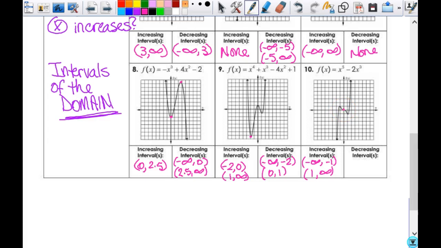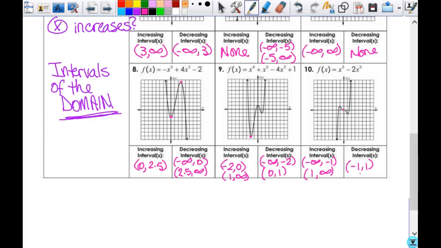So do I have to split up my decreasing interval? I actually don't. I don't have to split it up because is it still decreasing the whole time? Yes, it's still decreasing the whole time. It's never actually constant. It doesn't go horizontal at all. So this is decreasing the entire time even though there's a point of inflection. So this just goes from -1 to 1 and it's all together. Okay. Any questions at all?